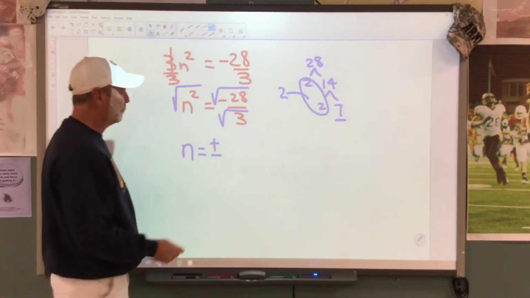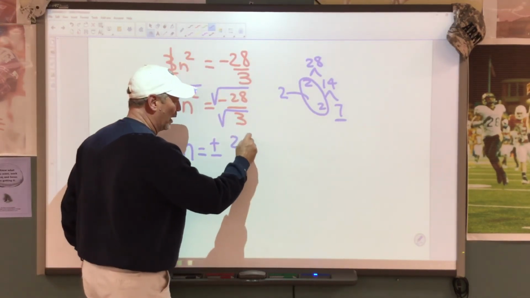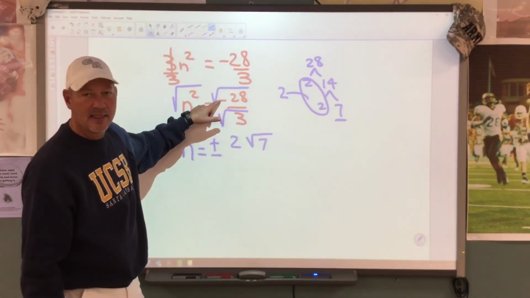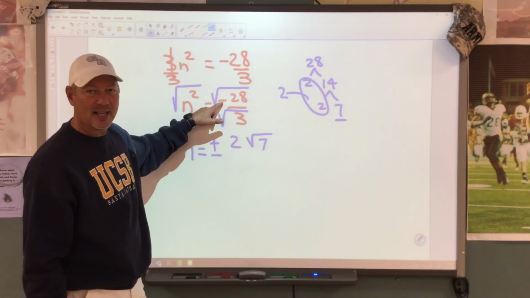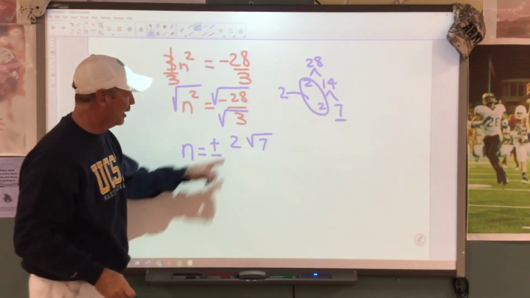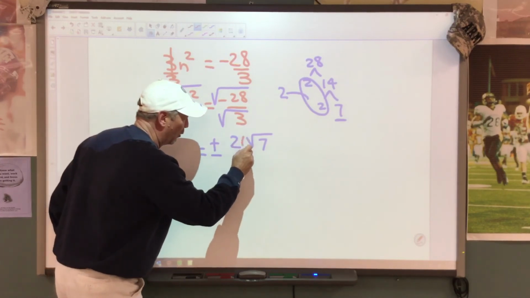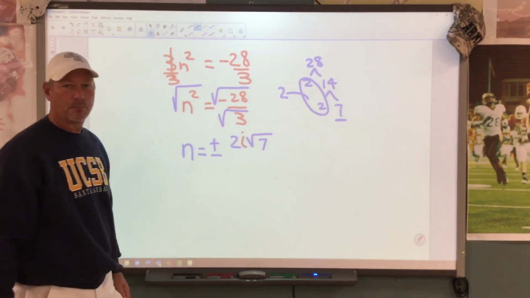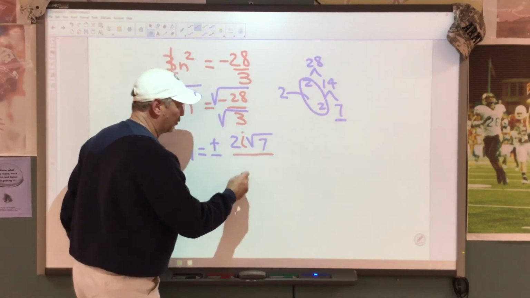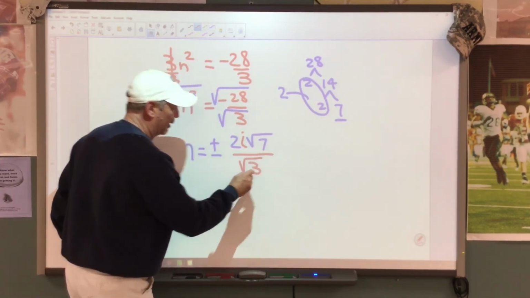So that's going to give me 2 square roots of 7. But remember what we said. That negative is going to get us an i. So where do we put the i? We put the i in front of the radical sign, over the square root of 3.